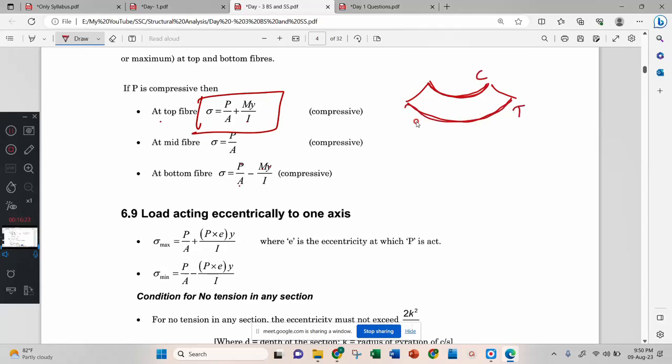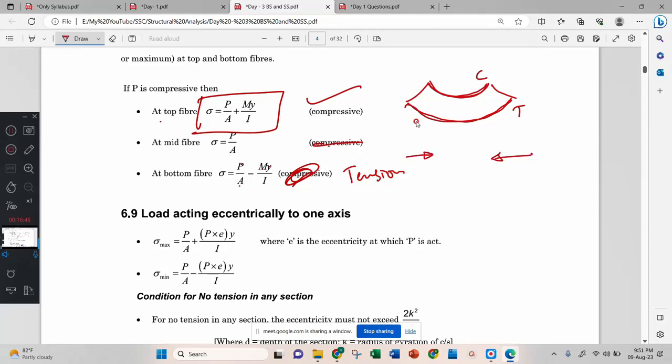Bottom fiber tension, top fiber compression, and mid fiber compression. Why? Because we have this P by A also, that's why.